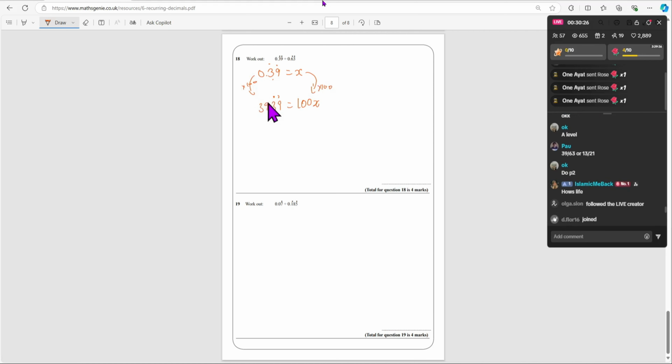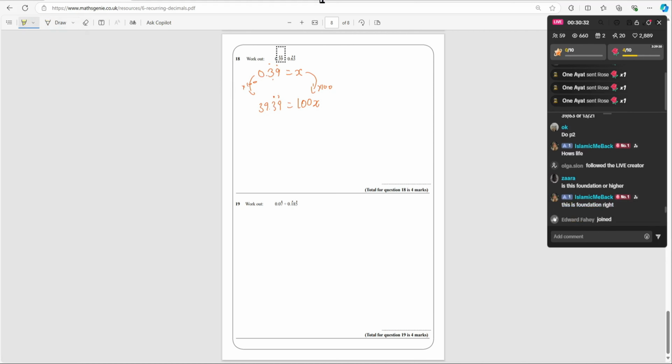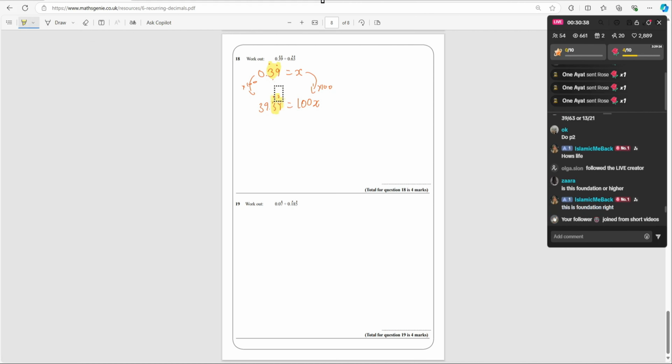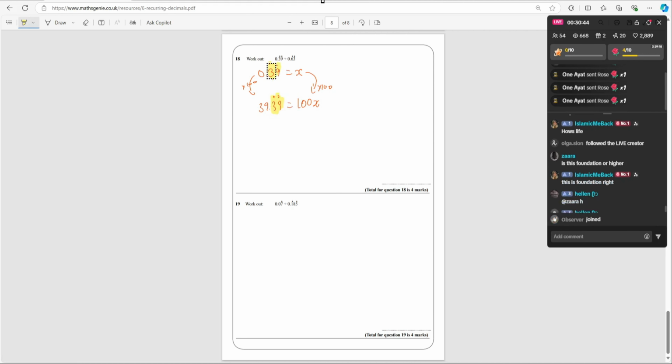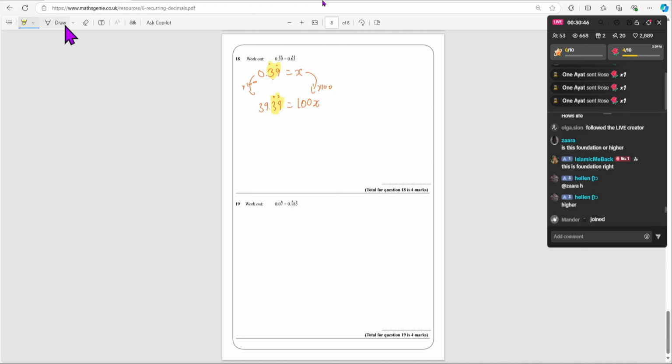So once you have done that, you can see that we have the same decimal places, okay? We have 3 and 9 recurring as a decimal, and 3 and 9 recurring as a decimal as well, okay? So we can cancel each other out.